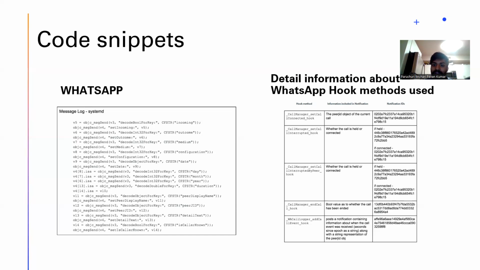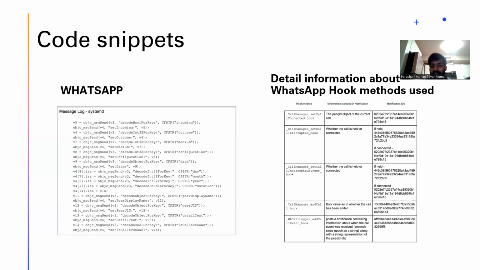And on the right-hand side, we can see the hook methods, their meanings, and the caller and notification IDs. So here the call manager set call connected hook, which gives the peer JID object of the current call. The next hook method is call manager set call interrupted hook, whether the call is held or connected.